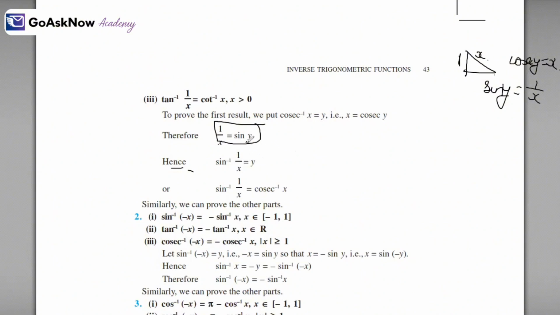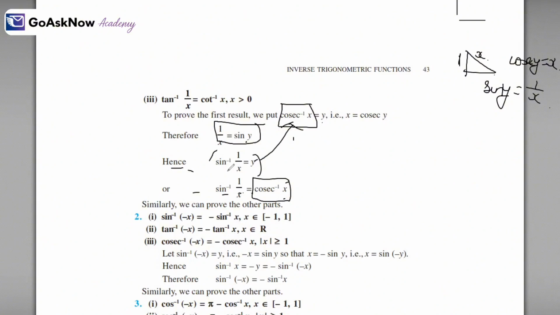Since y is already substituted as cosec inverse x, the proof is clear that sine inverse 1 by x is equal to cosec inverse x.